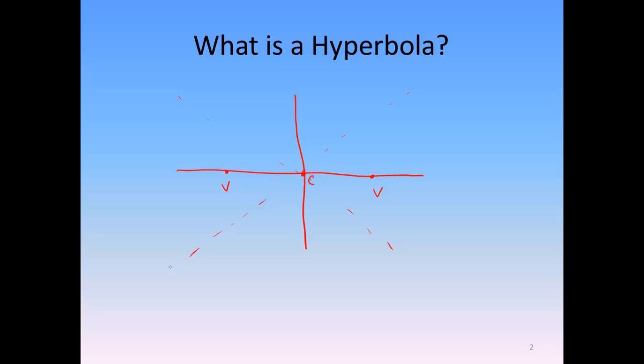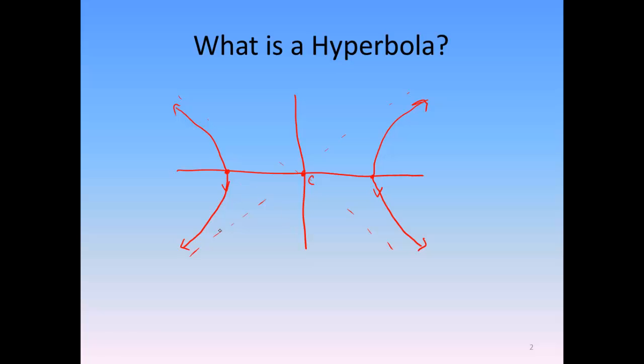The hyperbola will ride along those asymptotes, touch the vertex, and then continue riding along the asymptotes again.